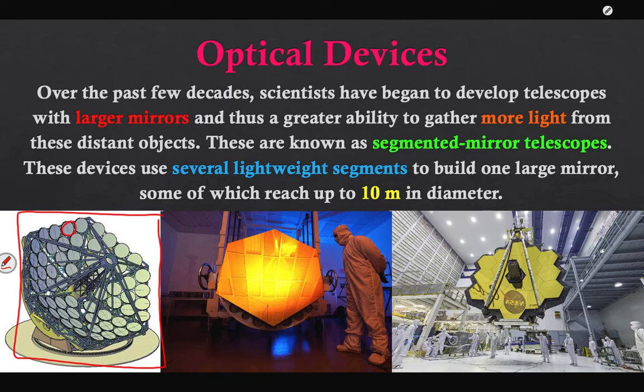Each one of these things would be a mirror, and you put them all together, and it essentially works to be one really big reflecting surface. Kind of on the same idea here is basically just a really, really big telescope. Same with this one over here.